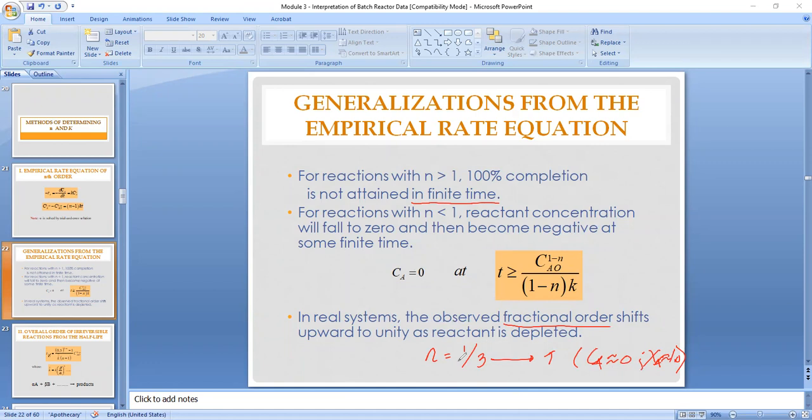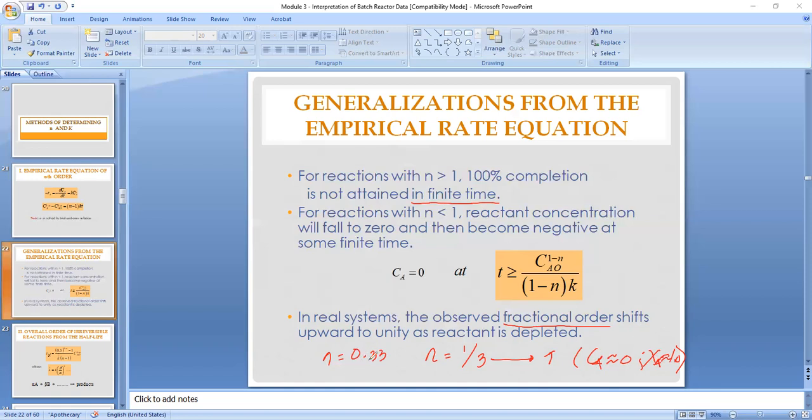Okay? So for reactions in which the order is less than 1, fractional in nature, decimal, this could even be n equal to 0.33. That's still fractional order. As your reactant is being consumed in the formation of more products, as it's nearing depletion, or as the reaction is nearing 100% completion, this order changes.